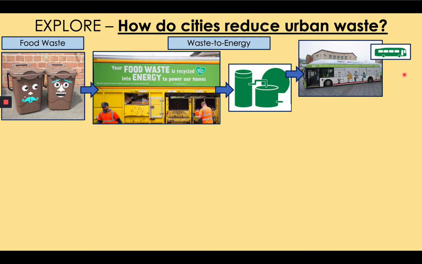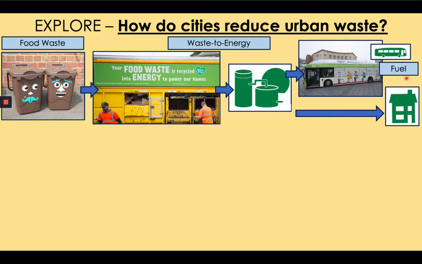Not many of these have been used so far in buses. Far more have been used in people's homes to provide electricity. The gas goes to power stations, where it is burned to generate electricity. 25,000 homes in Bristol are powered every year by biogas from decomposed food and human waste from sewage.